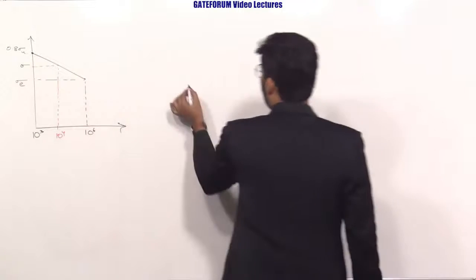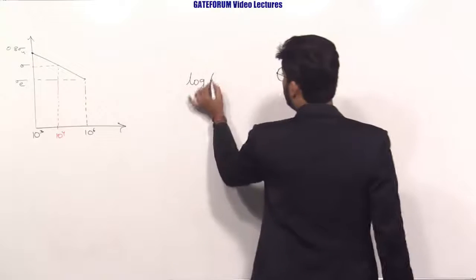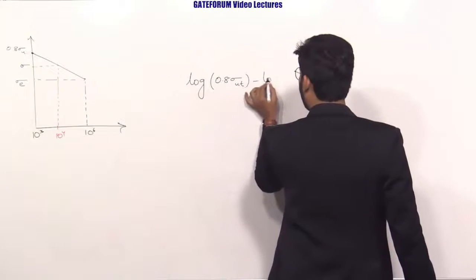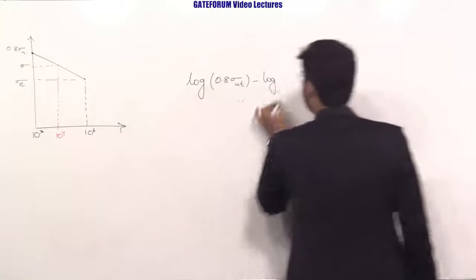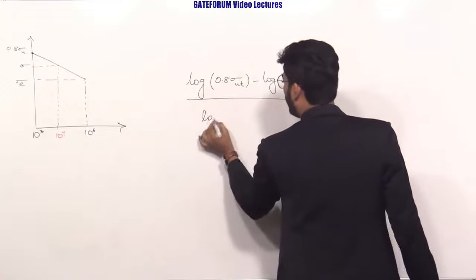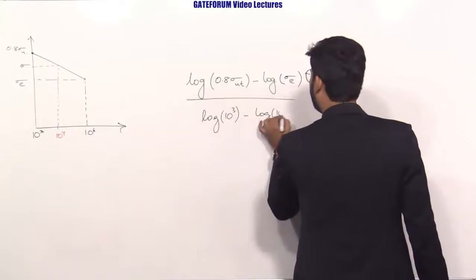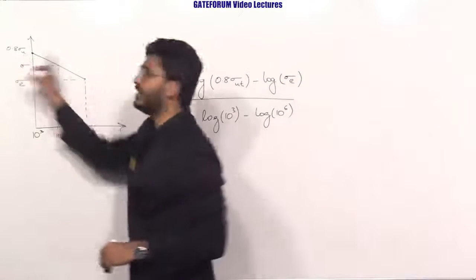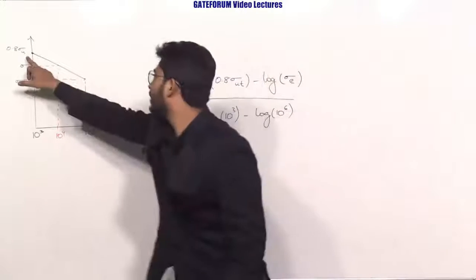So here it has to be log to the base 10 of 0.8 times of sigma ut minus log of sigma e, divided by log of 10 power 3 minus log of 10 power 6. First I have interpolated these 2 points. First I have written the equation of the slope for these 2 points.